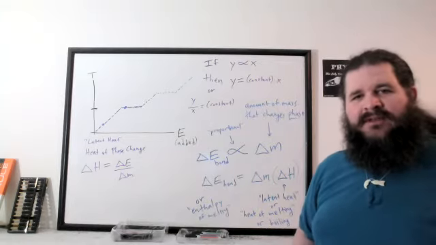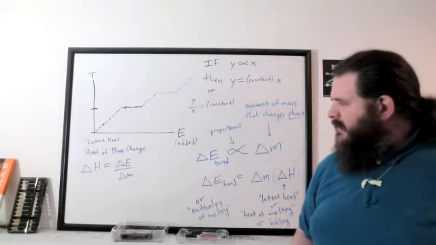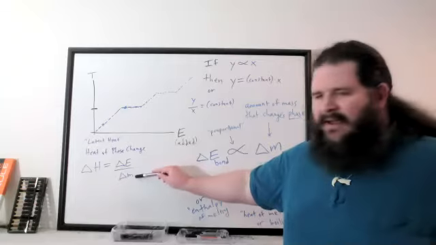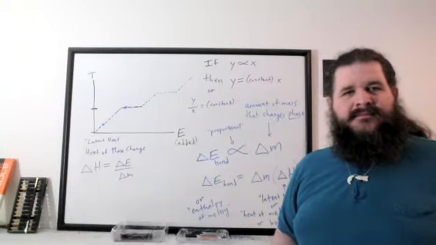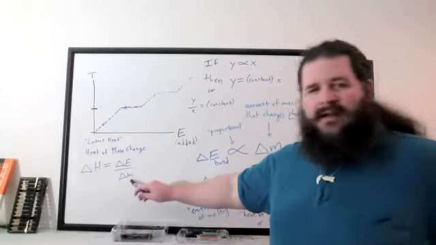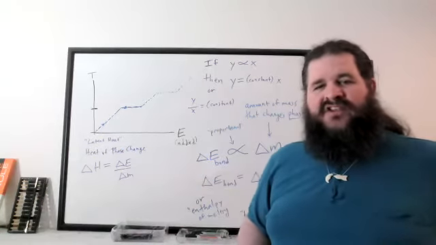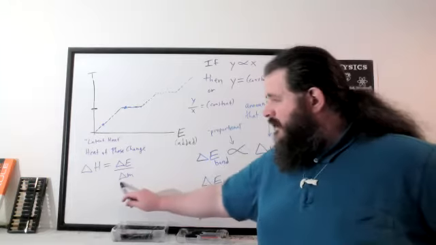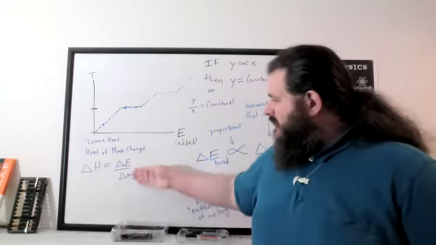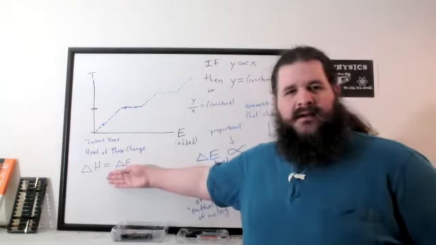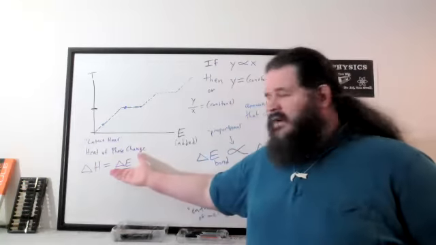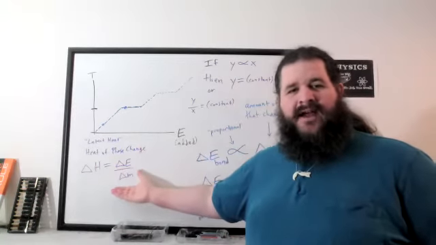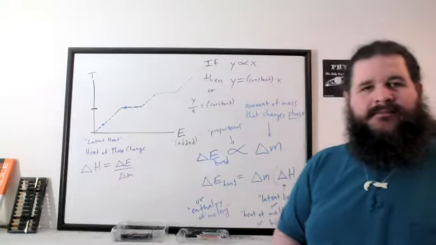Also, anytime we're defining something as a ratio, a very useful way to think about that, we're dividing by delta M. What's the easiest number to divide by? 1. Yeah, if we just assume the denominator is 1, if you imagine standardizing this to exactly 1 kilogram of mass, delta E divided by 1 is just delta E. So delta H, the latent heat, really is just the amount of energy it takes to change the phase of exactly 1 kilogram.